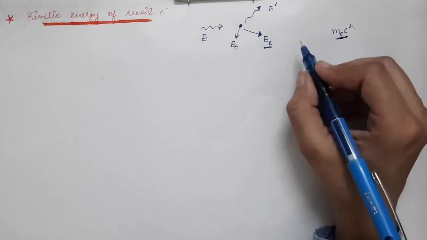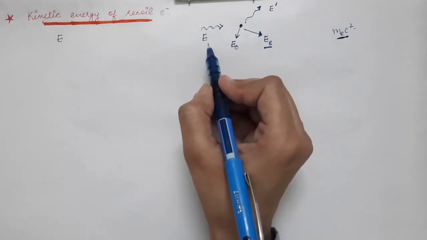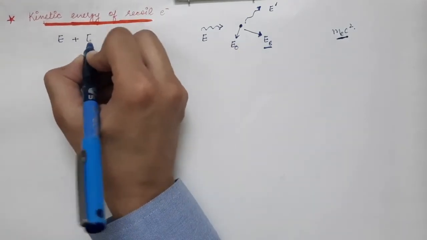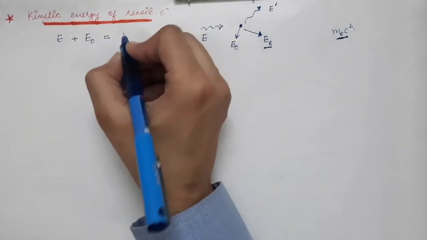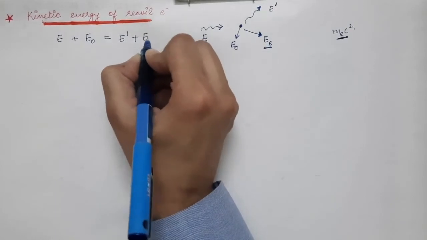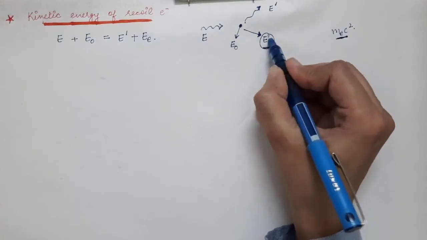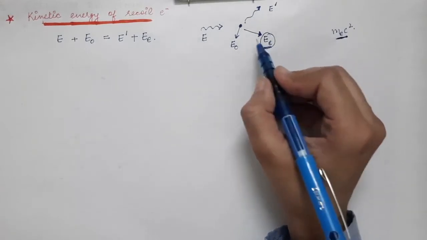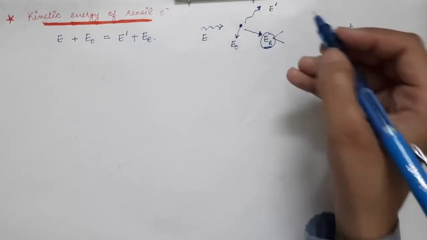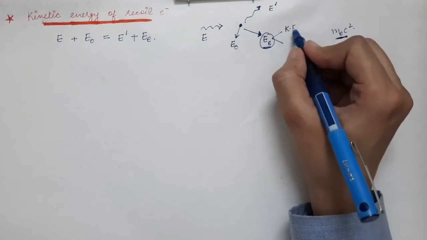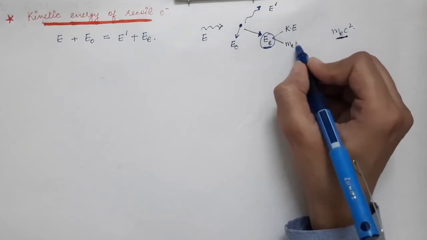According to the law of conservation of energy, we can write the equation as: the energy of the incident photon plus the initial energy of the electron is equal to the energy after the interaction, that is E prime plus E_e. The total energy of the electron after the Compton scattering is composed of two energies: the kinetic energy and the rest mass energy, m_e c square.